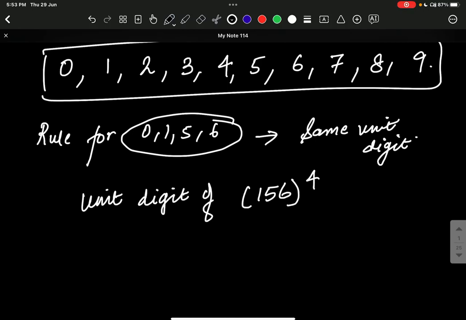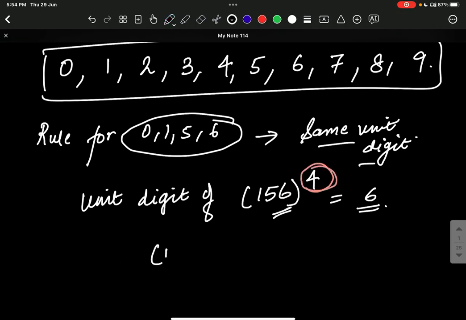You can see this is nothing but 6 only. Why so? Because the rule is it is going to have the same unit digit, irrespective of the power used over here, right?